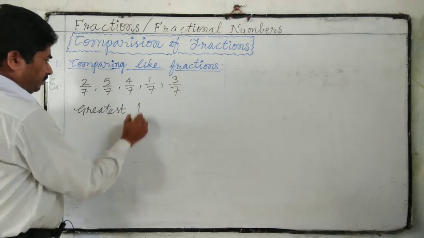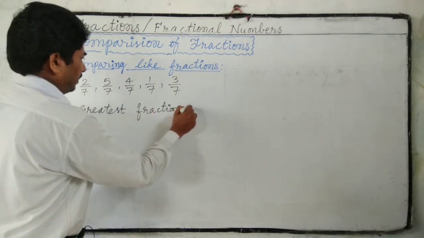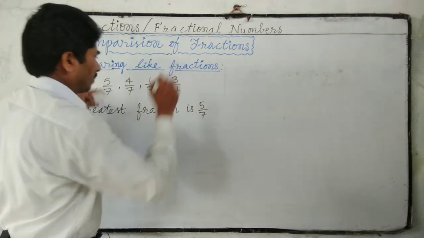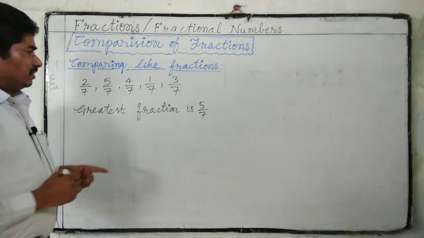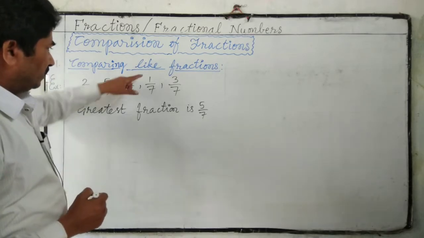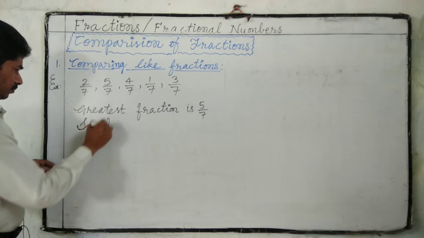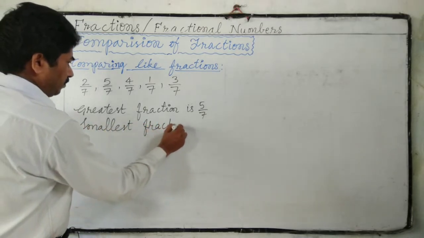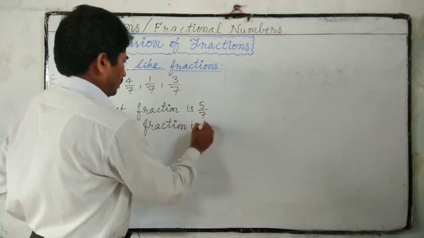Greatest fraction is 5 by 7. And the one with the smallest numerator is the smallest fraction. So 1 by 7 is the smallest fraction.